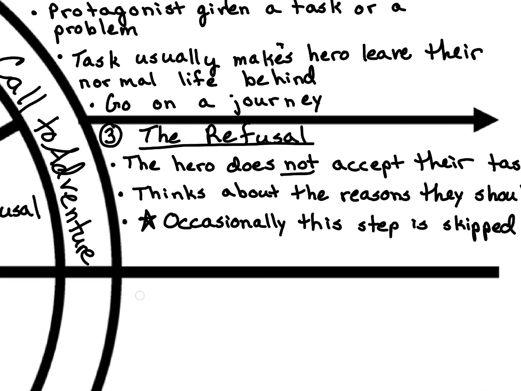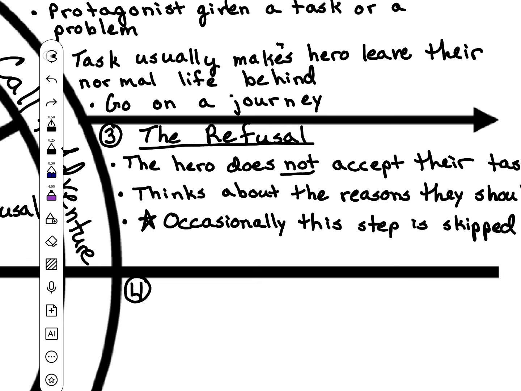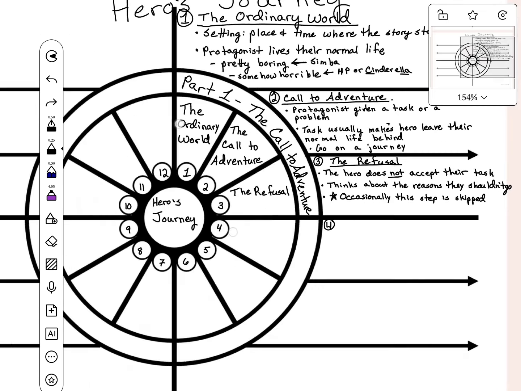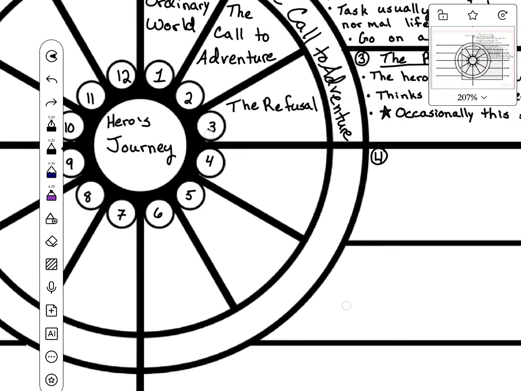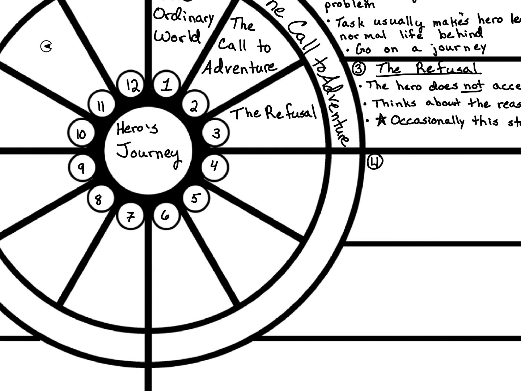Part 4, as we come down over here, this gets us into the next quadrant that we have. And I am actually going to turn my tablet kind of upside down, even though you can't see it. This section is going to be called the Supreme Ordeal. So this is going to be part 2, the Supreme Ordeal.